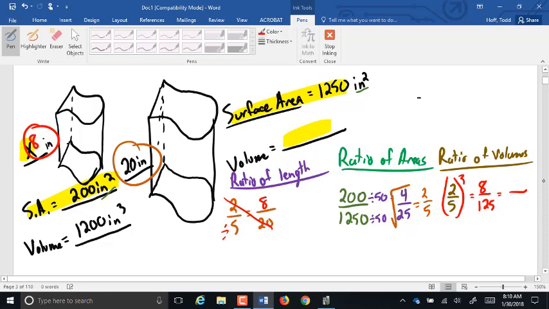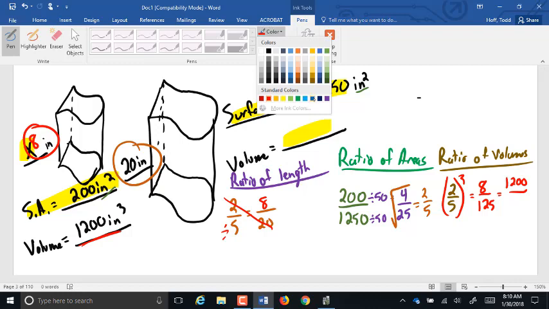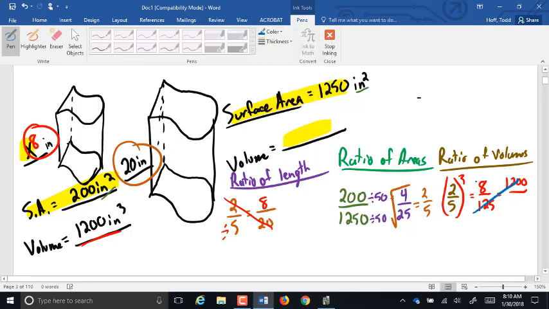My volume of 1200 goes on the top. We shall cross multiply and divide to give ourselves a perfect 18,750 inches cubed as the volume.